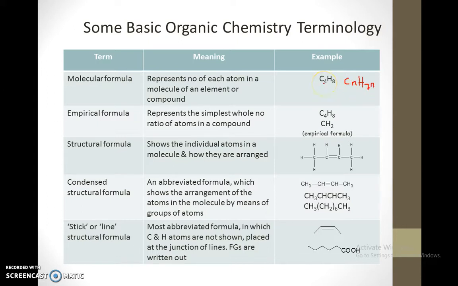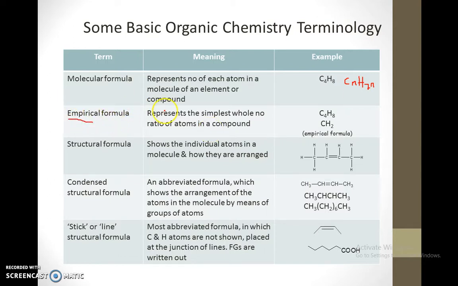So look at the molecular formula of butene here. Butene has 4 carbons and 8 hydrogens. The subscript number in the molecular formula shows the number of atoms. Next, empirical formula.